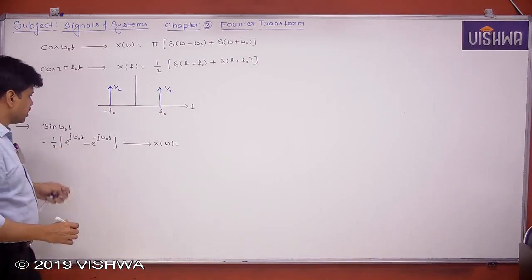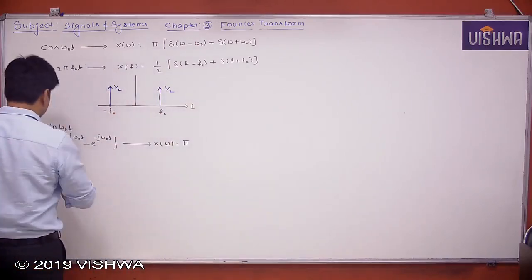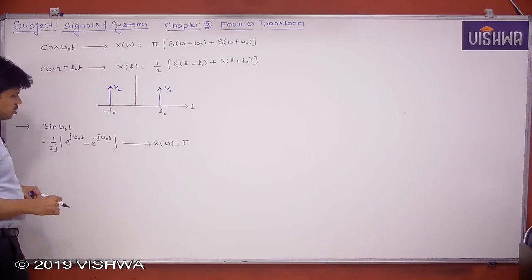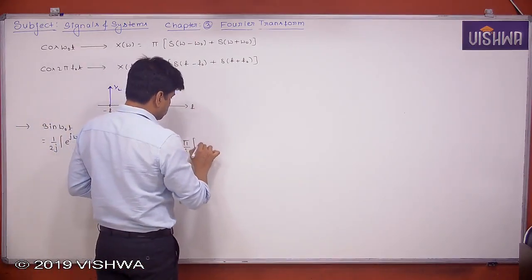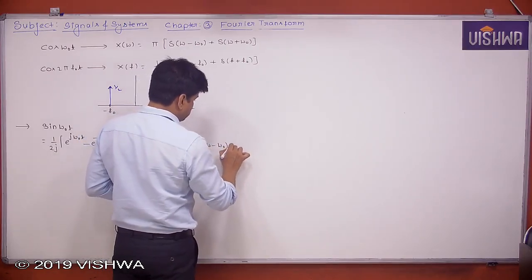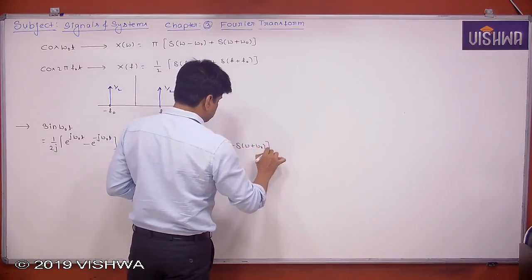If I take 2 pi common out, and one more thing I forgot, here it is 2j, not 2. So pi by j [delta(omega minus omega naught) plus delta(omega plus omega naught)] minus.